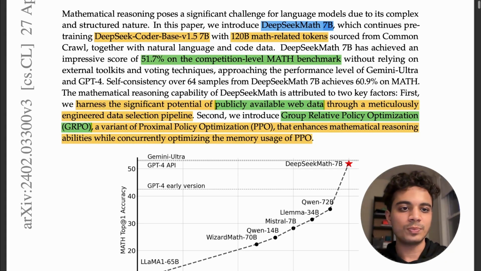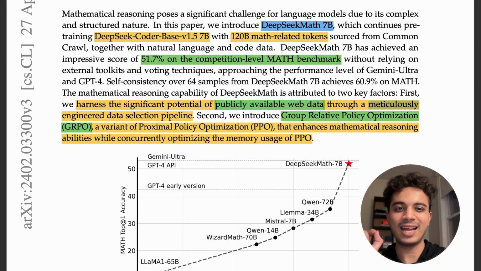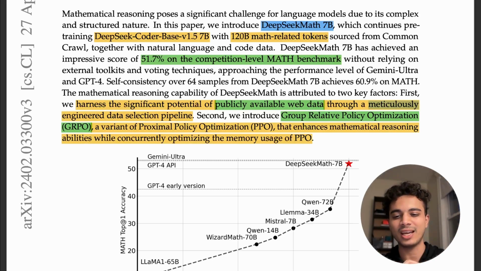Okay, so what they're doing is harnessing the potential of publicly available web data, and it's not an exaggeration that they are using a meticulously engineered data selection pipeline. No, they are not exaggerating, it's actually true. We'll get into the detail of how exactly that pipeline works, and I feel that it's pretty genius as well.